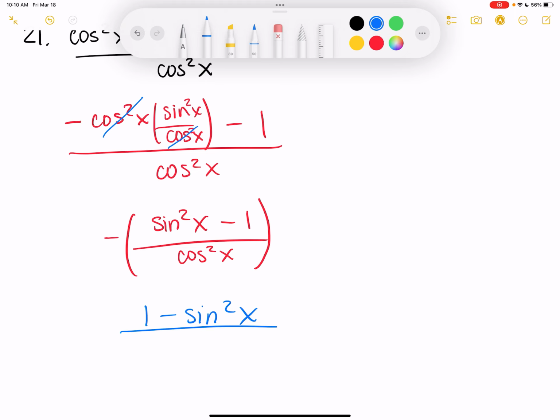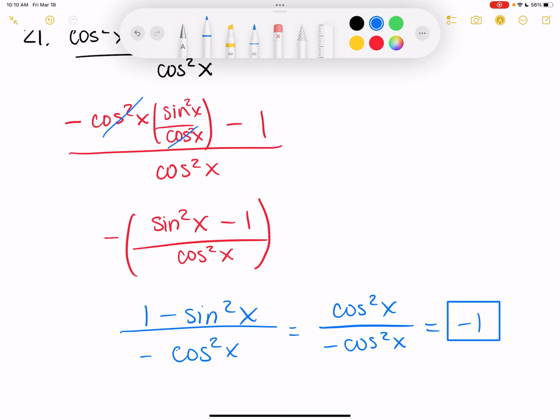And then I can put it on the bottom. So then the top is cosine squared of x over negative cosine squared of x, which is equal to negative 1. That was not pretty.